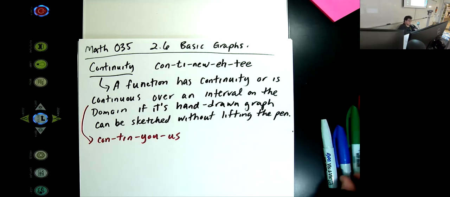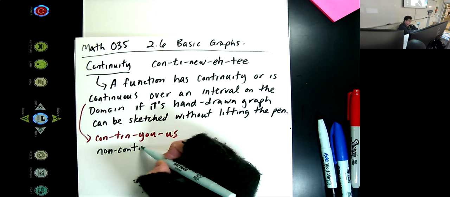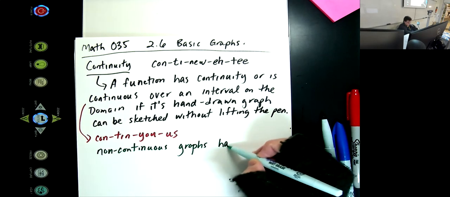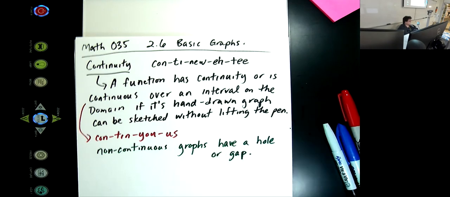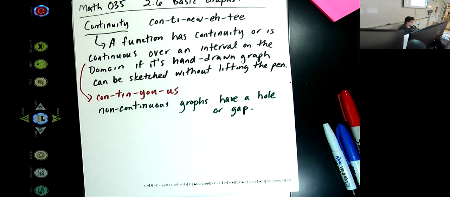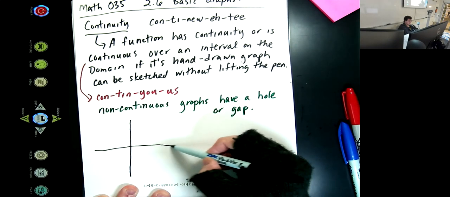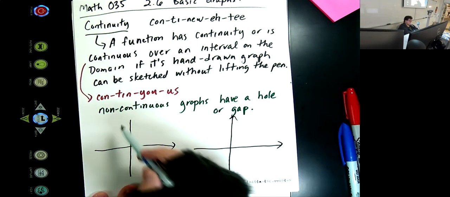So non-continuous graphs have a hole, basically, or a gap. I'll draw a couple to give you an idea.